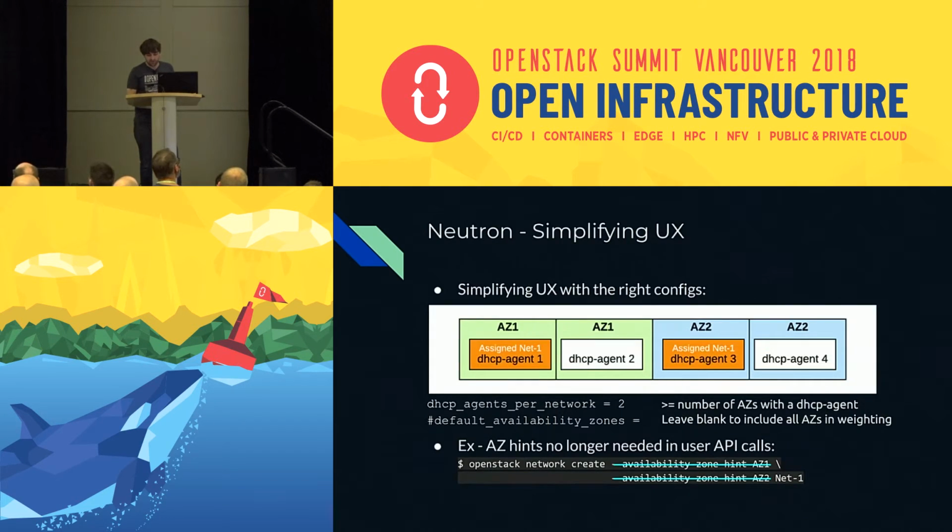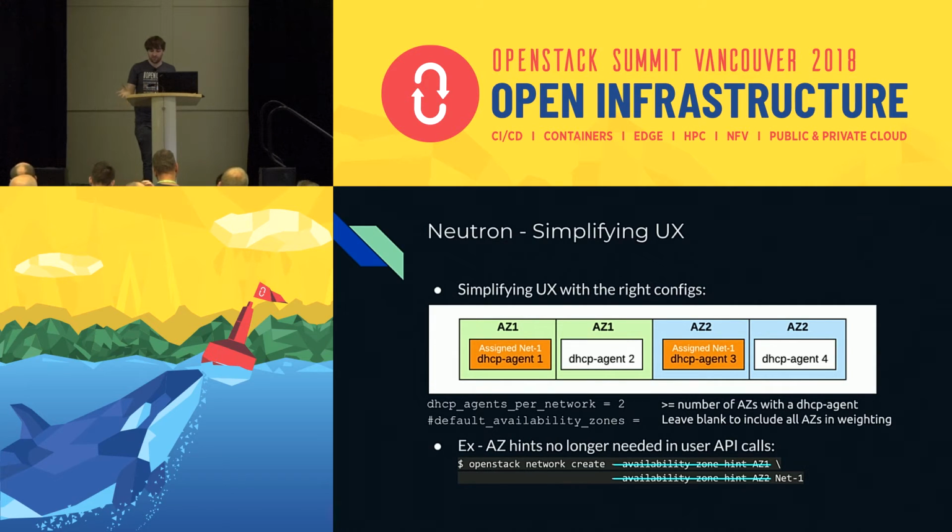And we can kind of see this by looking back at the initial DHCP example, where we leave the default availability zones undefined so that all AZs are eligible, and we need to have at least as many DHCP agents hosting the tenant network as the number of AZs with DHCP agents.